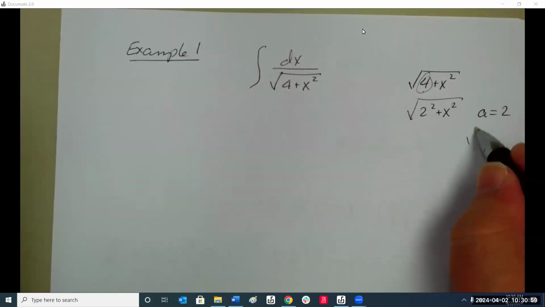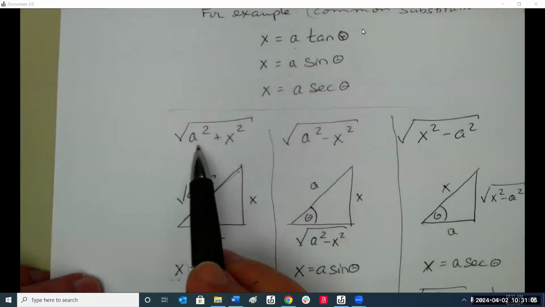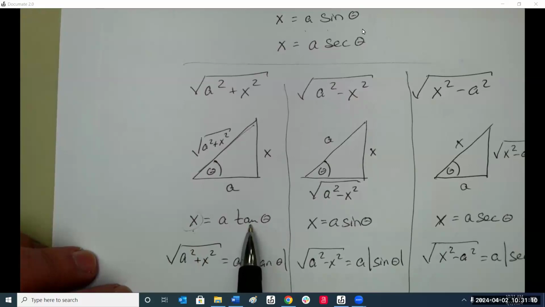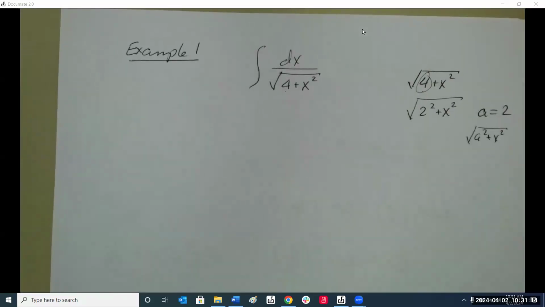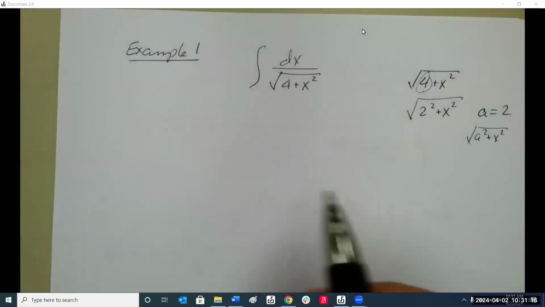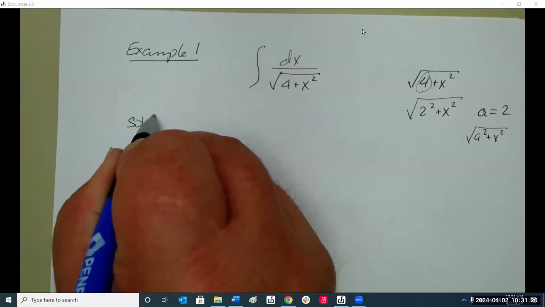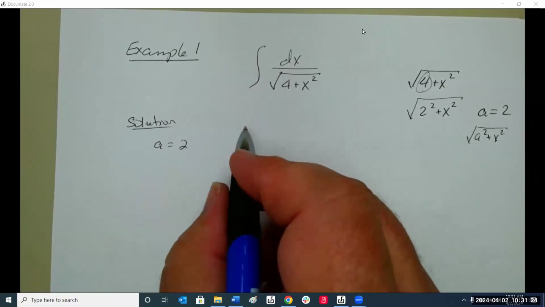Which equation do we have that has a squared plus x squared? That equals x equals a tangent. So we know here's a solution. So a is equal to 2.